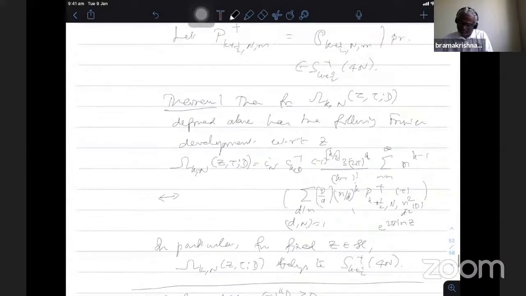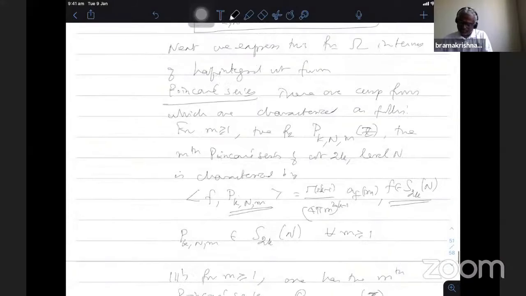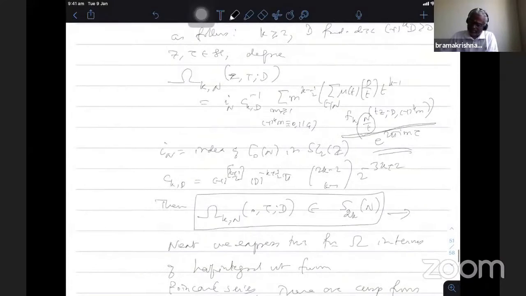So when I take this inner product, I have to take the inner product of f with all these functions, okay? So unless t equal to 1, all of them are level strictly less than n, therefore they all belong to the old class. All these functions will belong to the old class. Therefore, when I take the inner product with a new form, all these things will become 0. So if f is a new form, only t equal to 1 survives in this particular calculation. That's the main part.